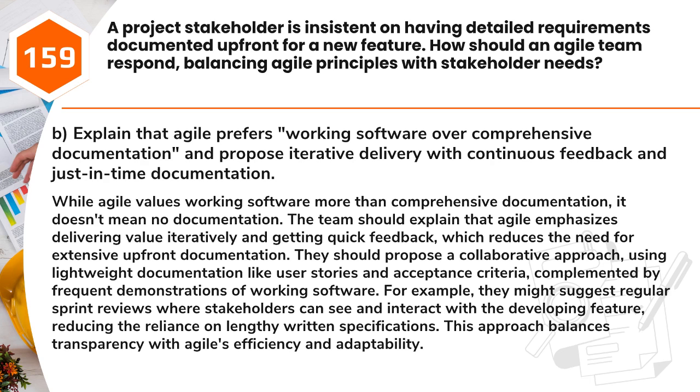They should propose a collaborative approach, using lightweight documentation like user stories and acceptance criteria, complemented by frequent demonstrations of working software. For example, they might suggest regular sprint reviews where stakeholders can see and interact with the developing feature, reducing the reliance on lengthy written specifications. This approach balances transparency with Agile sufficiency and adaptability.